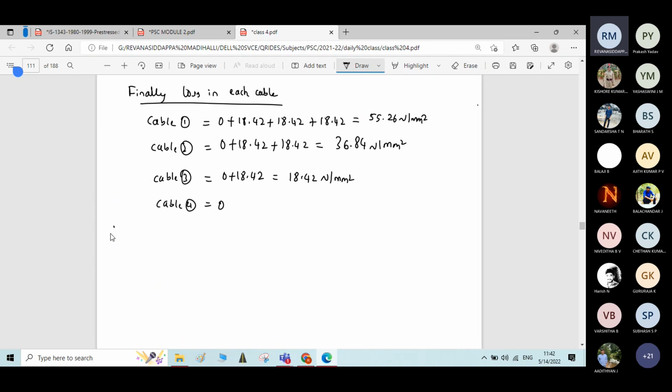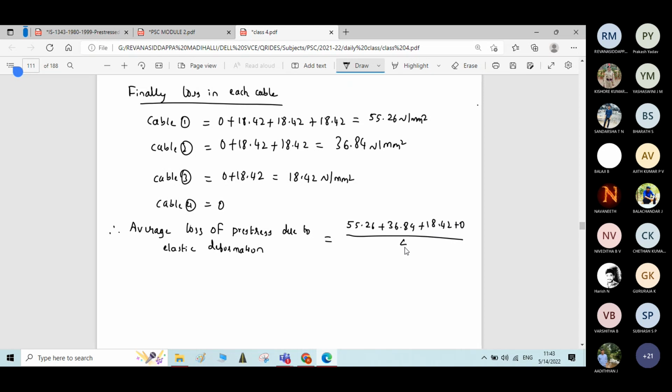Therefore, the average loss of pre-stress due to elastic deformation is equal to the average of all the values, that is 55.26 plus 36.84 plus 18.42 plus 0, whole divided by 4.